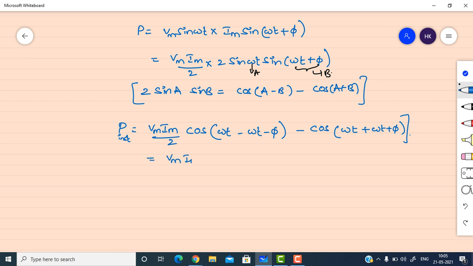Then it is Vm Im by 2. Omega t gets cancelled. Cos of minus phi is cos phi only. Cos phi minus cos 2 omega t plus phi.